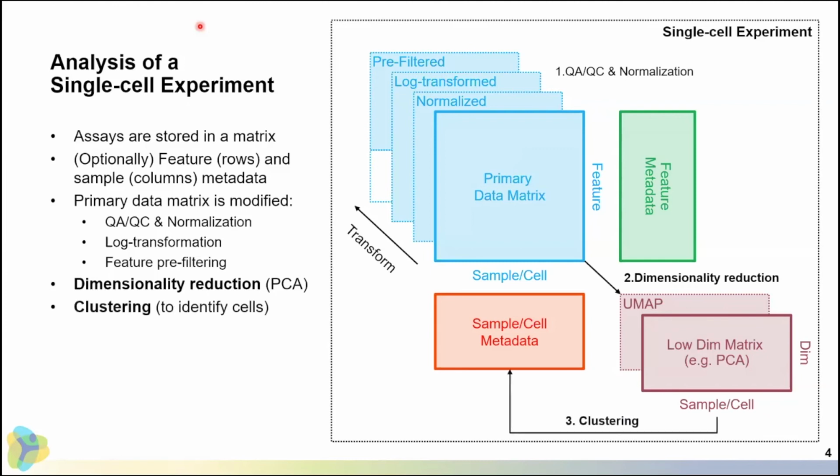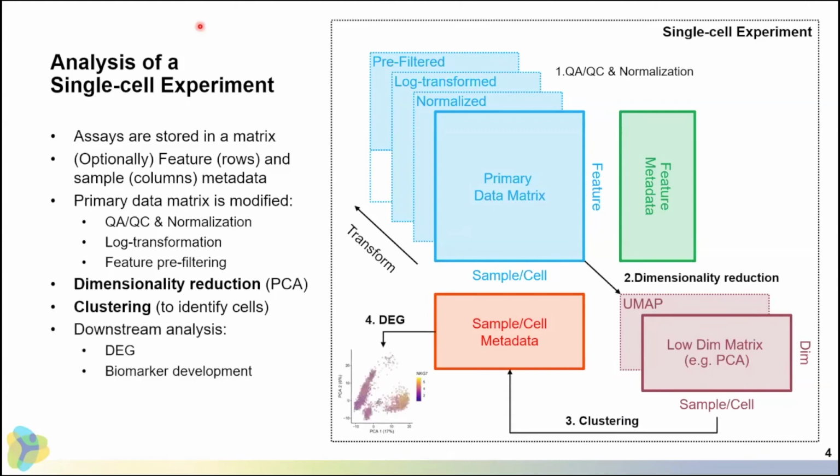And then you would do one or more clustering on those lower dimensional representations of your data to obtain putative cell clusters. But basically assign the samples in your experiment to groups which may represent cells.